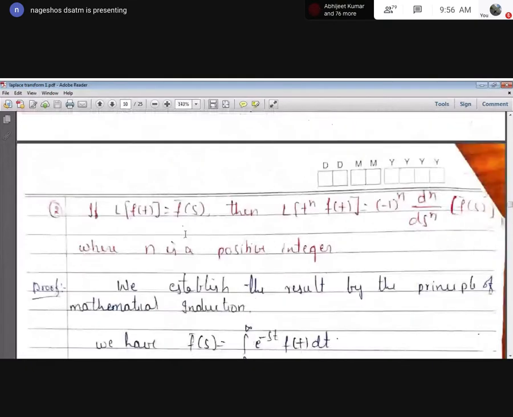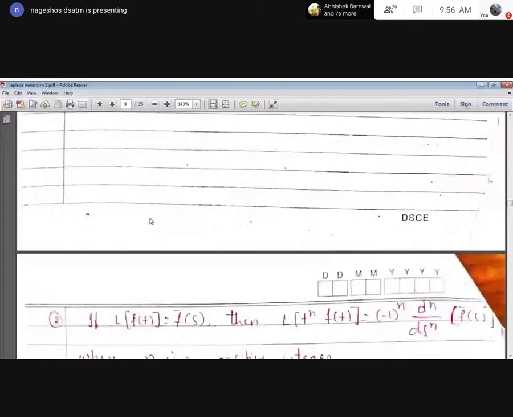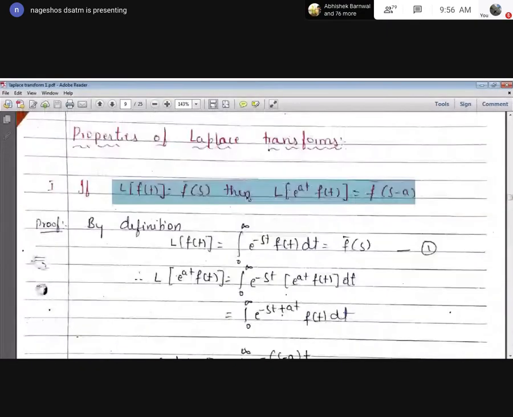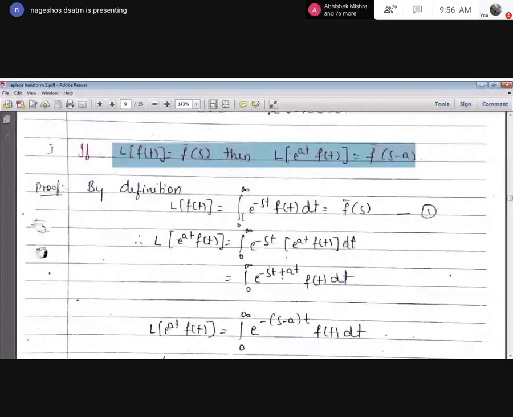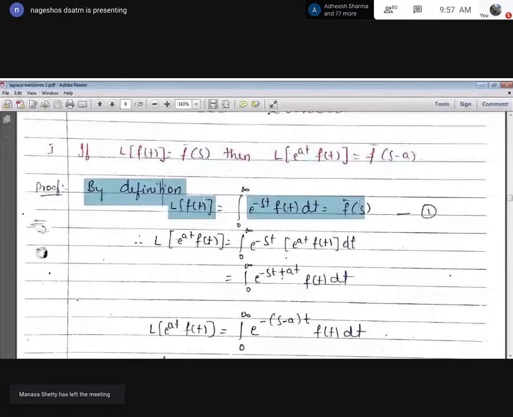That is one property. Let me explain how that comes, so there is no confusion. L of f of t, this is the basic definition of Laplace transform, equals integral from 0 to infinity of e power minus st f of t dt. That is also denoted by f bar of s.